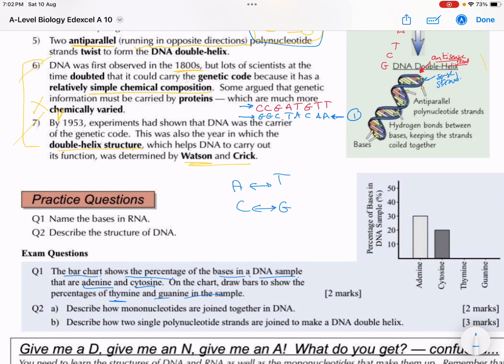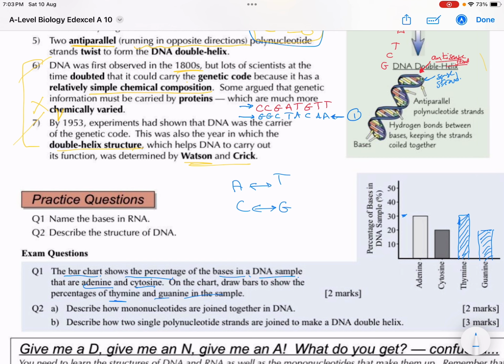So if you know that 30% is adenine, then there must be another 30% of the DNA as thymine, because they're complementary to one another. And if cytosine is 20%, then guanine must be 20% as well, right?